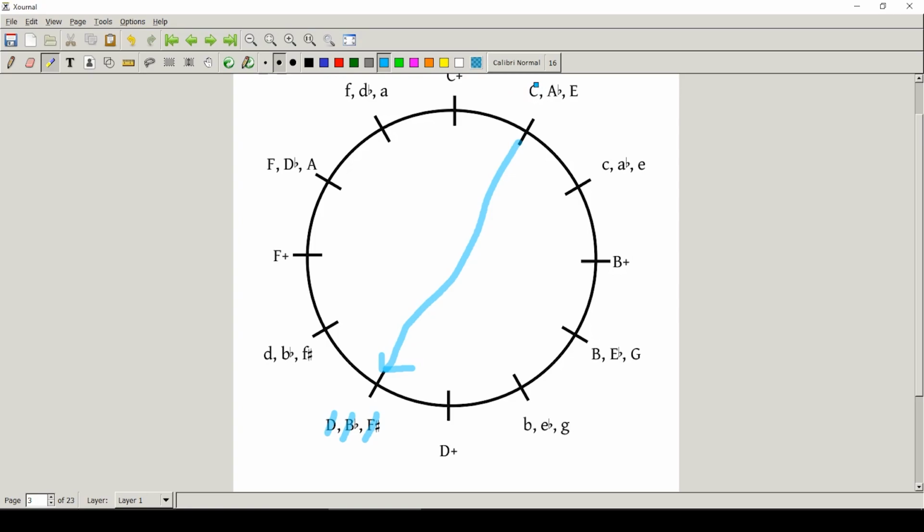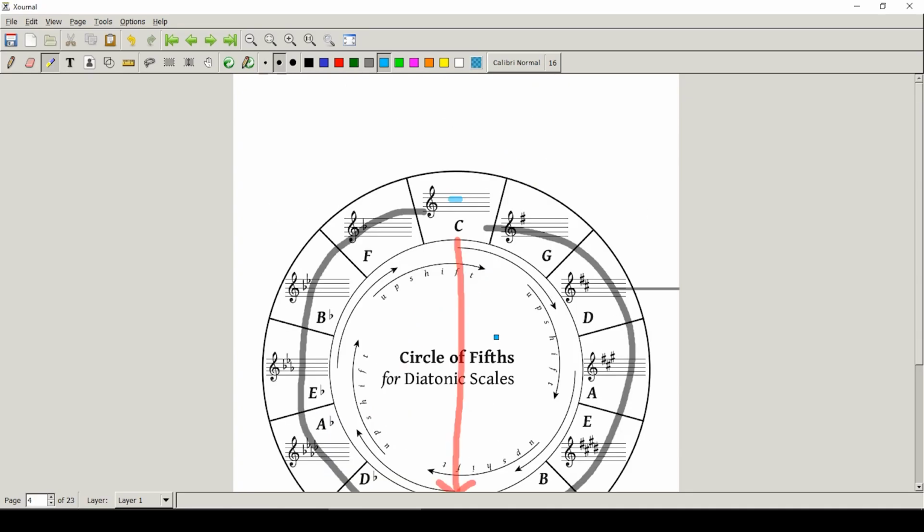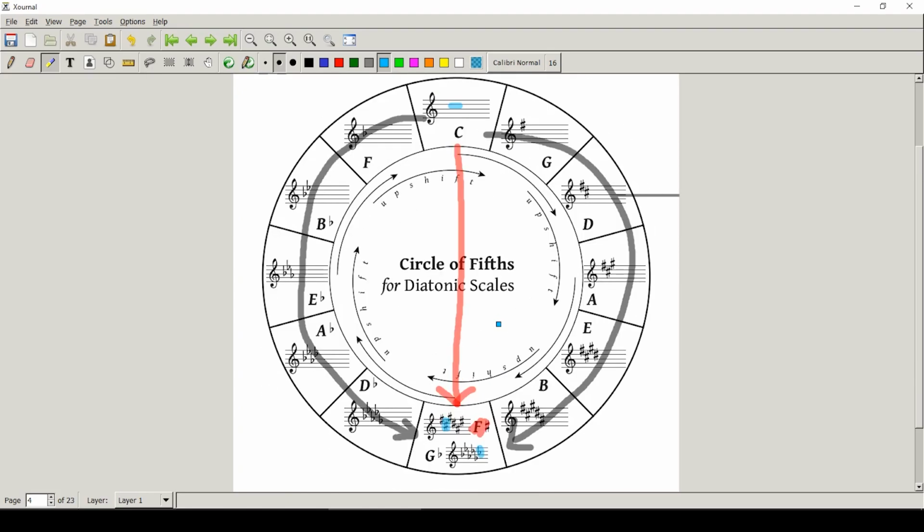C to F sharp is tied both times, but for triads there are some other things that are tied, like D and B. Whereas that's not true on the circle of fifths when we think about scales. If I want to go from C major as a scale to D major as a scale, there's really only one smallest possibility, and that's an upshift.